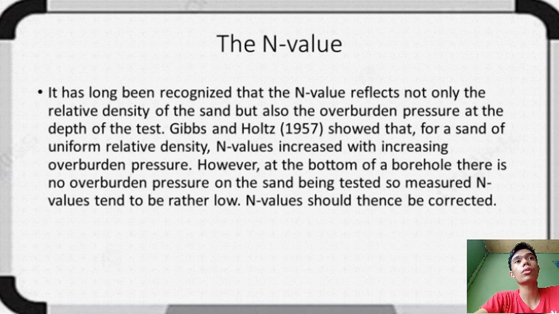So ang next is the N value correction. So unsa man gamit aning N value? It has been long recognized that N value refers not only to the relative density of the sand but also the overburden pressure at the depth of the test.